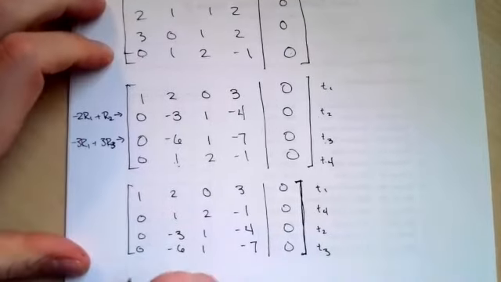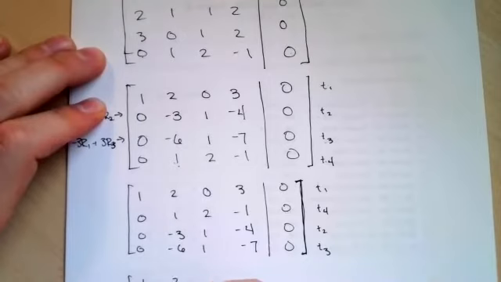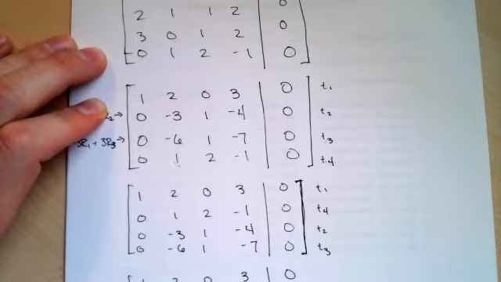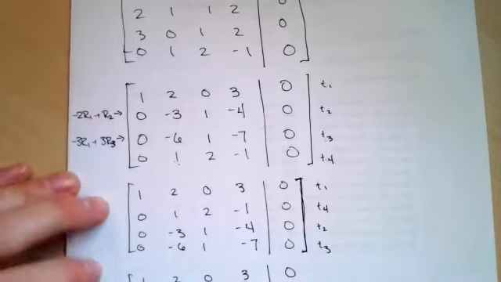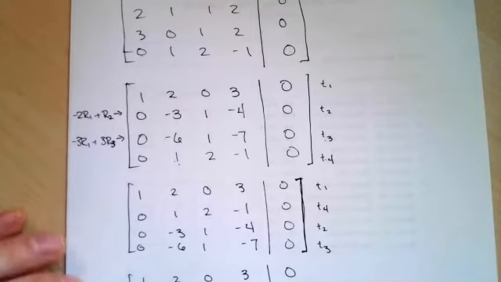Okay, so we want to proceed. We've got 1, 2, 0, 3, 0. We've got 0, 1, 2, -1. And now we want to remove the constants in the second column below our 1.